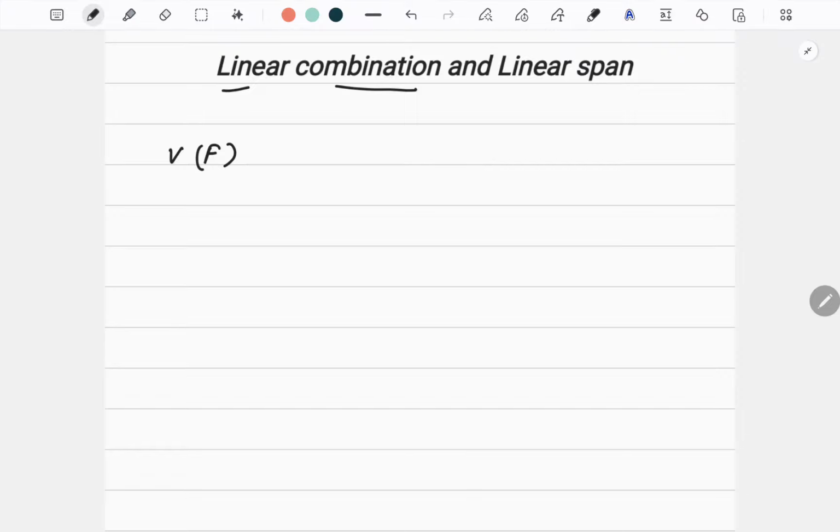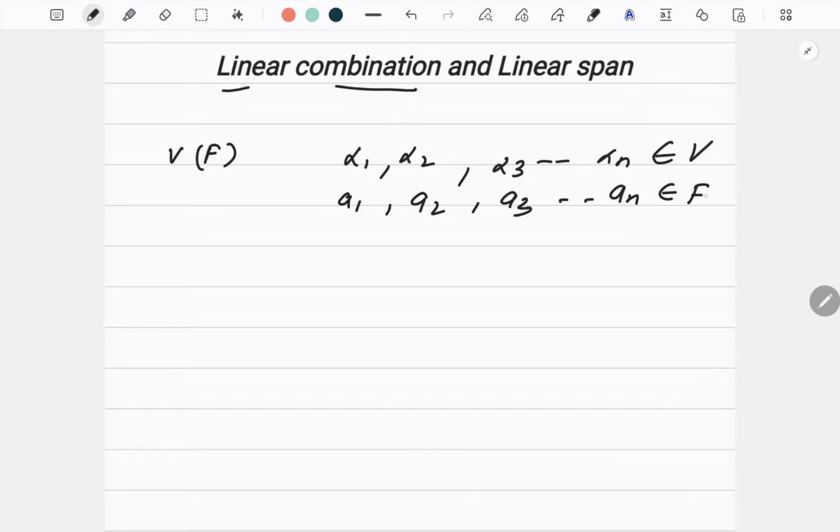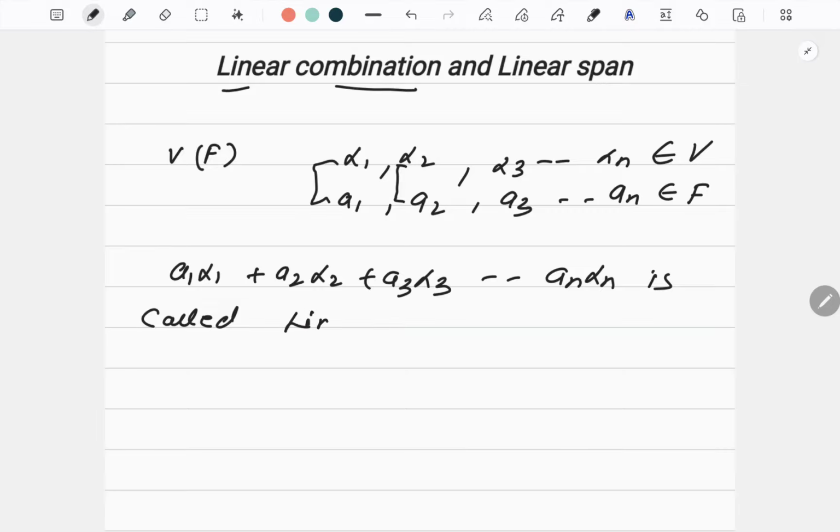Suppose V(F) is a vector space and alpha 1, alpha 2, alpha 3, ..., alpha n all belong to V. Same way, a1, a2, a3, ..., an all belong to the field F, as V is defined on field F. Then a combination like a1 alpha 1 plus a2 alpha 2 plus a3 alpha 3 plus ... plus an alpha n is called a linear combination.